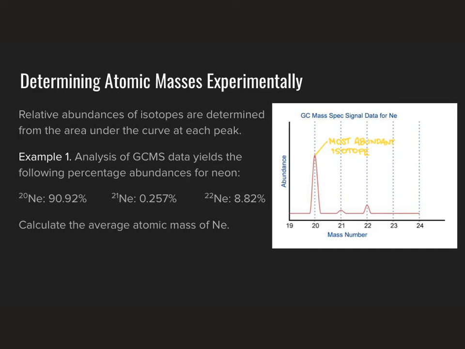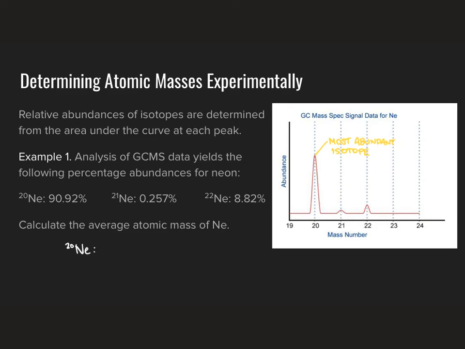And again, just like we see on the graph, it appears that neon 20 is significantly more abundant than neon 21 or 22, with 90.92% of all those isotopes showing up on our mass spectrometer corresponding to neon 20. And from this data, we want to go ahead now and calculate the average atomic mass of a neon atom.